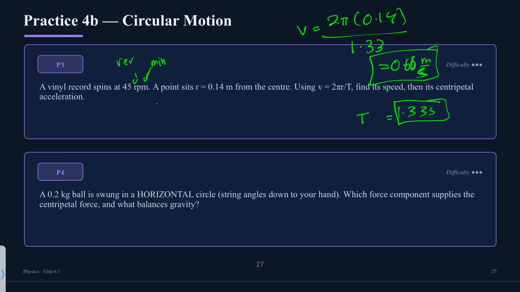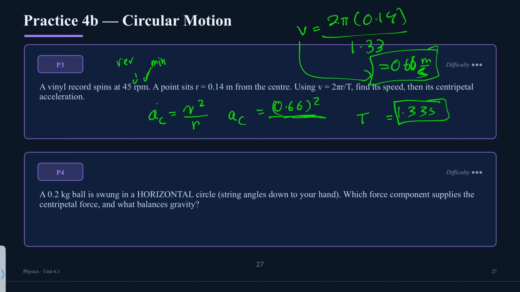All right. And then, is that it for this one? We needed centripetal acceleration as well, right? Not just velocity. So acceleration centripetal is mass times, whoops, not mass, that's the force, right? So velocity squared over r. 0.66 squared, that's a velocity, right?